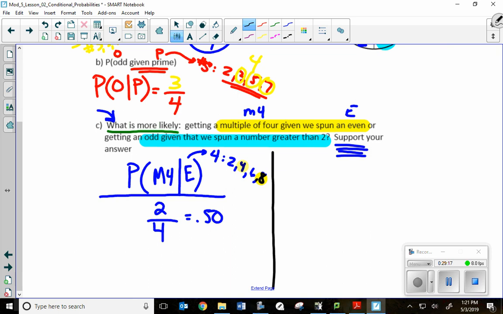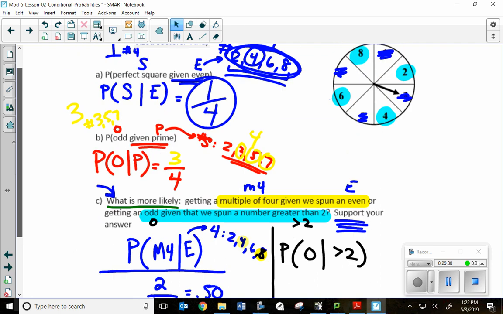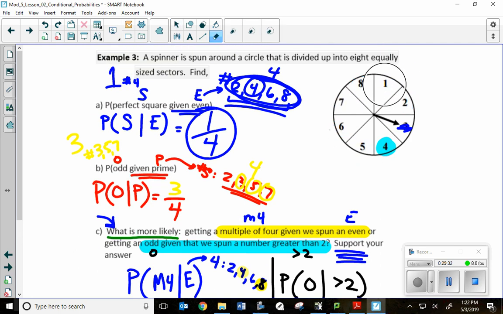Now, let's do the probability that we get an odd given a number greater than 2. Okay, this is greater than 2. O is for odd. All right, so let's take a look at all the numbers that are greater than 2 on our wheel here. Okay, 1 and 2 aren't bigger than 2, but 3, 4, 5, 6, 7, 8.